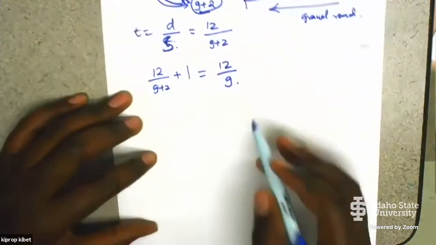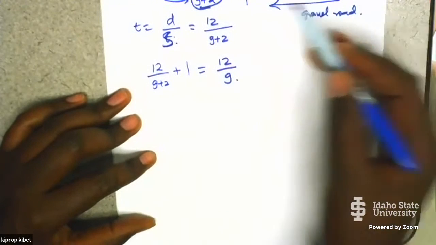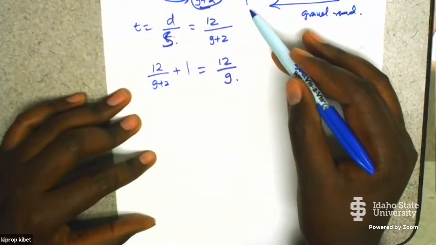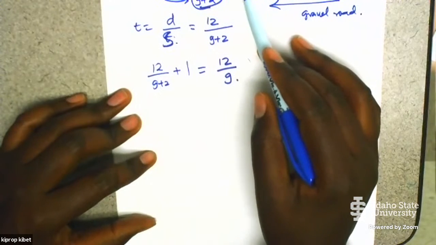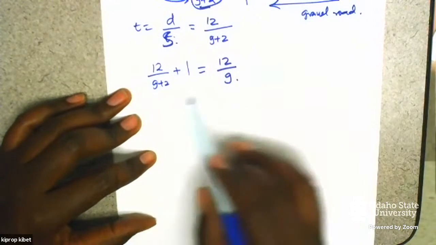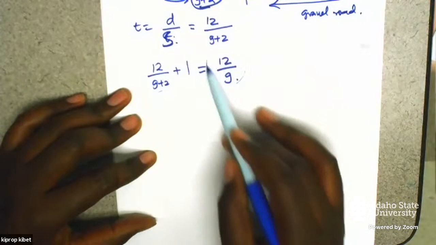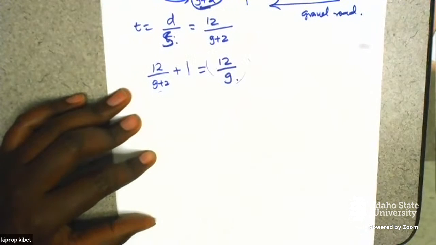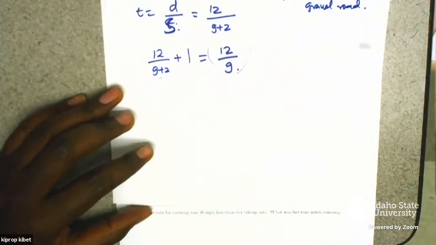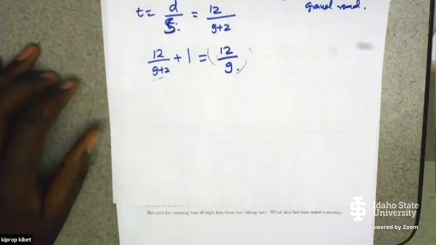Okay, because definitely this will give us the exact time that he will use from here to here. When he is going from this point to this point using the asphalt, then he takes that time plus 1 hour to be equal to the time that he uses from here up to here. Are we together? Are we getting that?